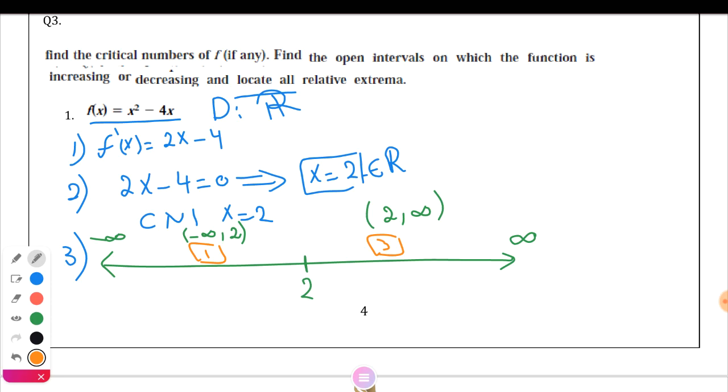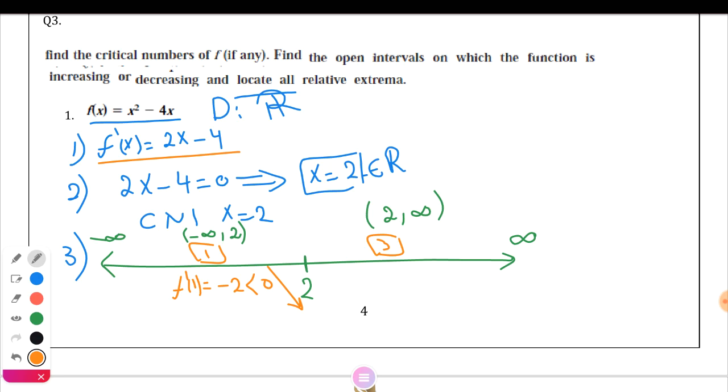In the derivative. 1, it will be f prime of 1, it will be negative 2, less than 0 in this case. If the derivative on an open interval is negative, this means the function is decreasing on this interval.